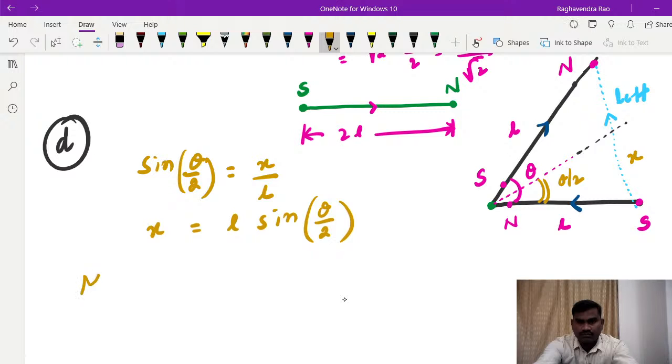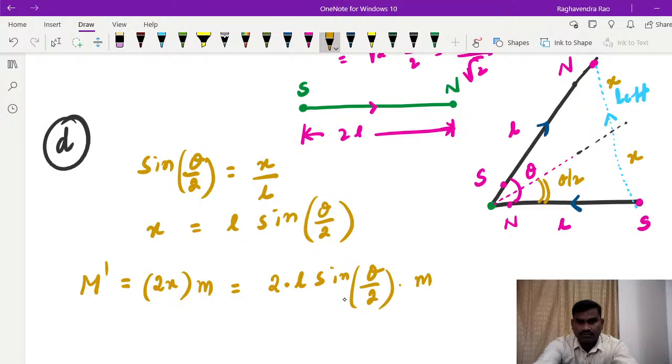Now the magnetic moment M dash will be equal to magnetic length times pole strength. What is the magnetic length here? This is x and this is x, so 2x will become the magnetic length. Because of bending, there is no change in magnetic pole strength, so we can take it directly as M. This will be 2 into x, where x is L sine theta by 2, into M as usual.